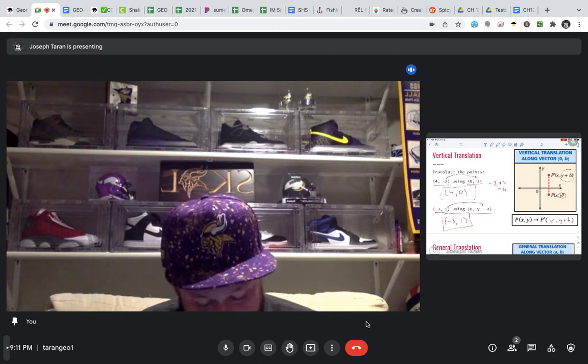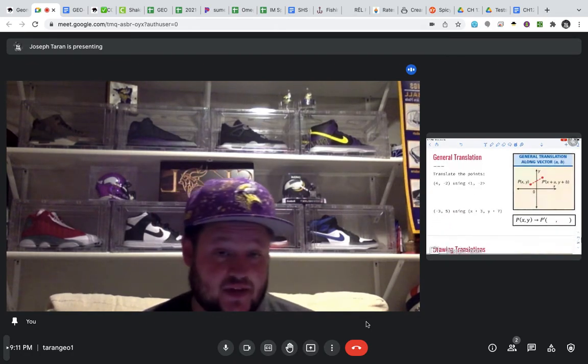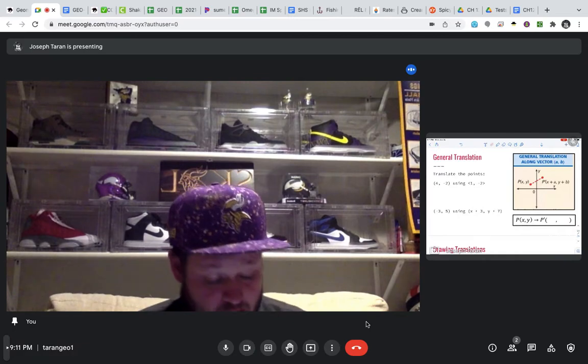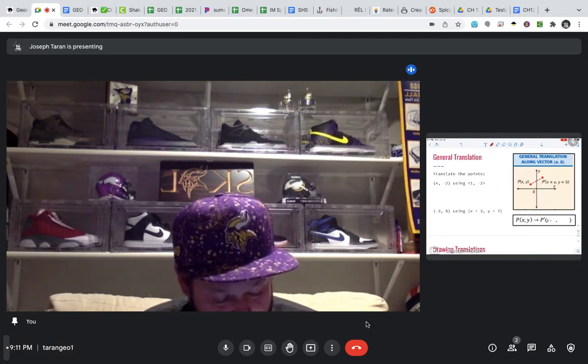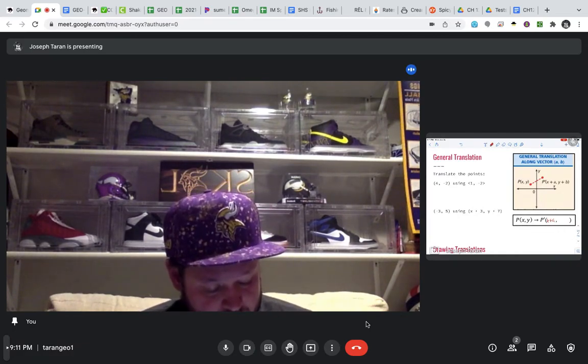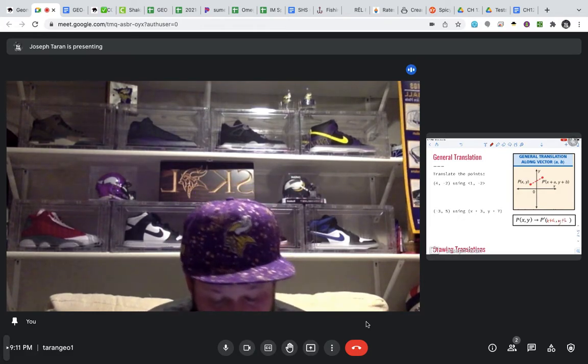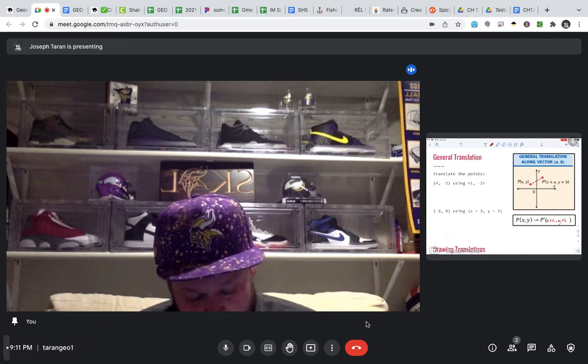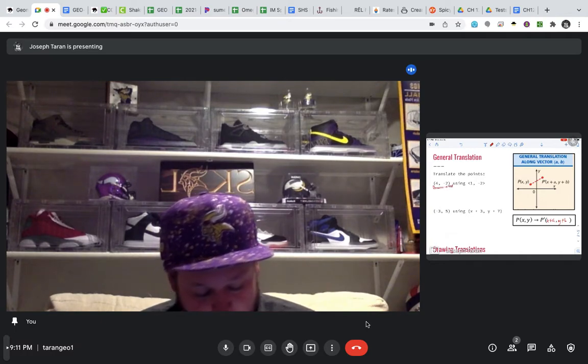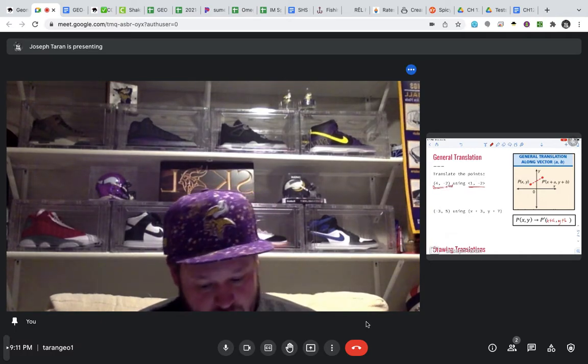And then lastly, general translations, that's kind of what we've done in the beginning. The notation for this is x plus a, y plus b, remember, it could be positive or negative. So here's my original coordinate, and here is my translation rule.